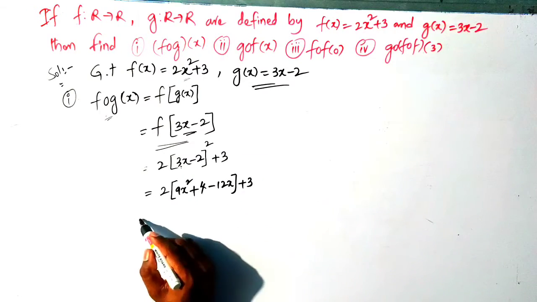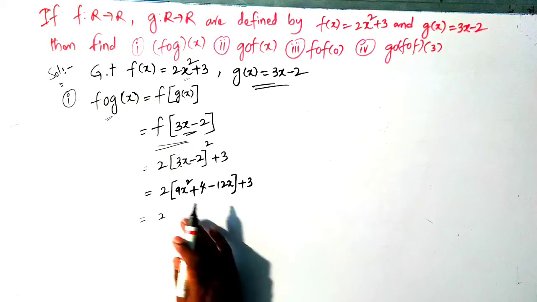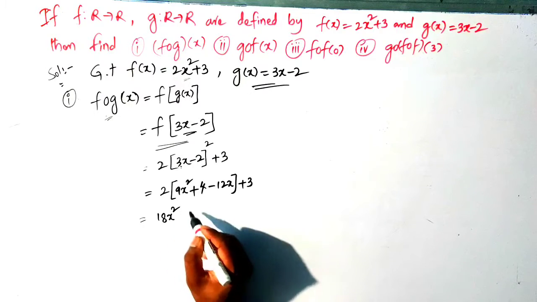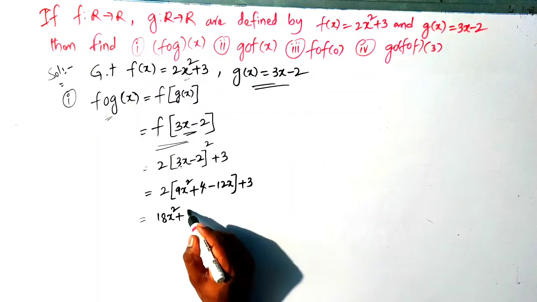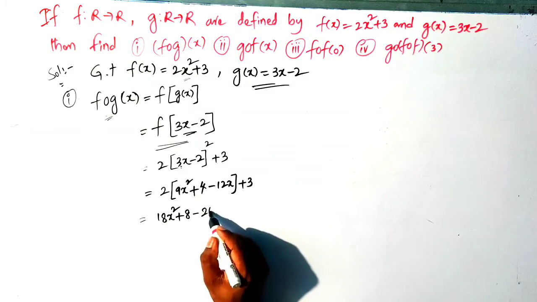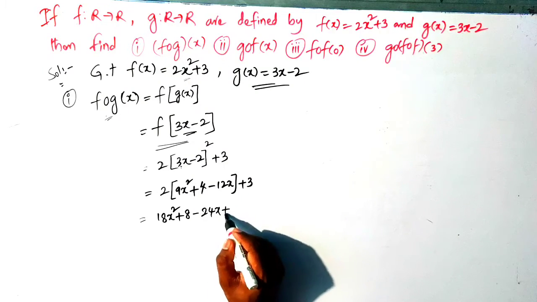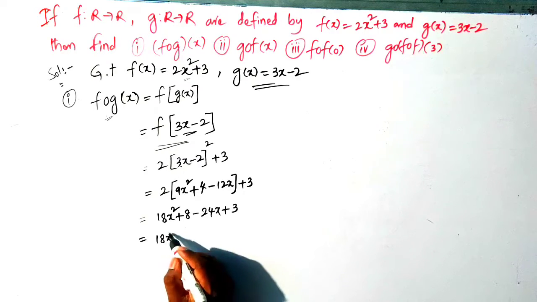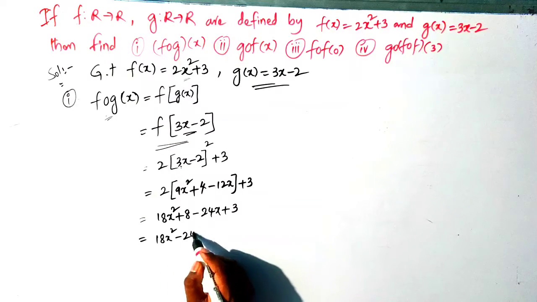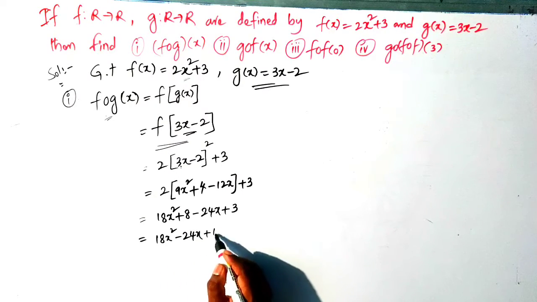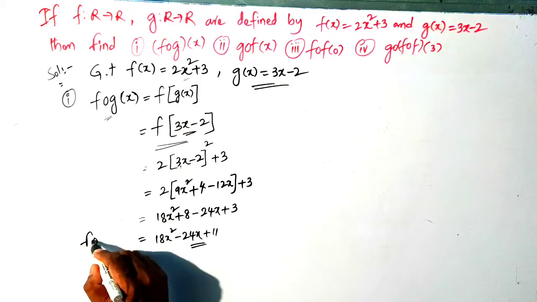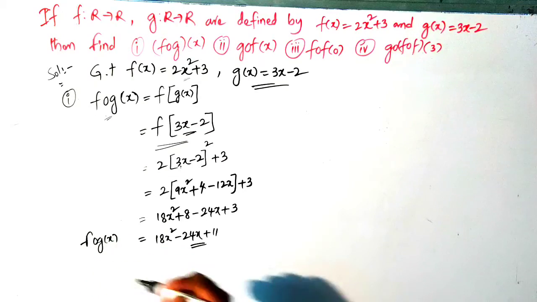Now what do we get? 2 times this: 2 into 9, 18x square, 2 fours are 8, 2 twelves are 24, x, plus 3. So that is 18x square minus 24x plus 8 plus 3, 11. So the first one is over. This is the value of f circle g of x.